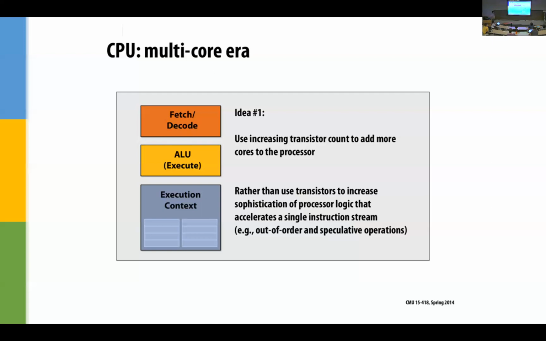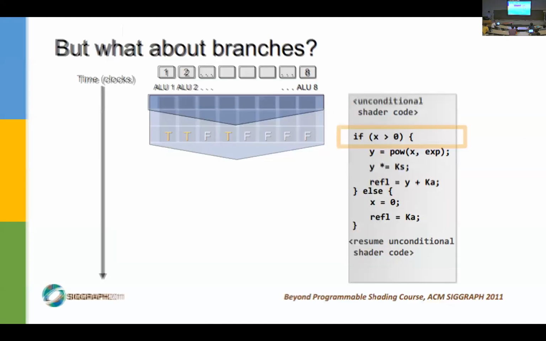So what about something like this conditional shader code, where you have an if-else? How does that work? These slides may look familiar to you in terms of design. Let's say 3 of these are true and the rest are false.